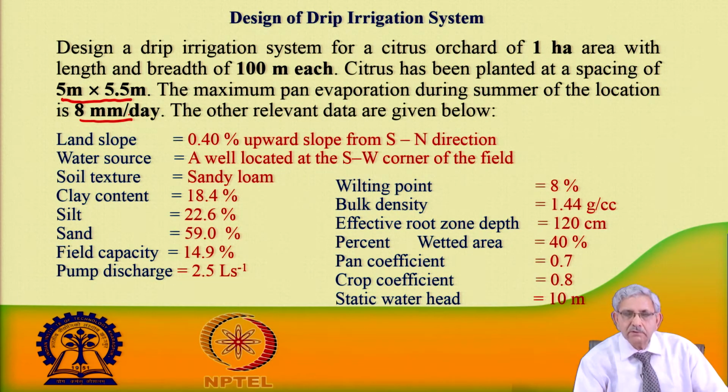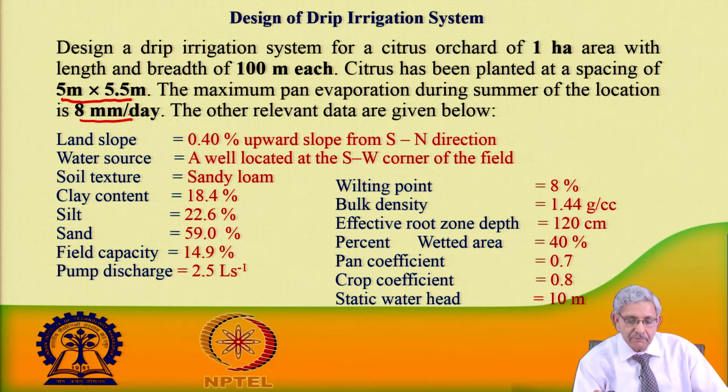There are other data relevant to this problem. The system is to be laid on a sloping land, and the slope has been provided in the upward direction from south to north.